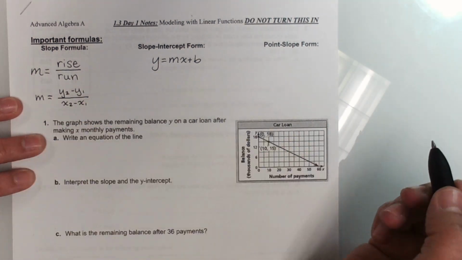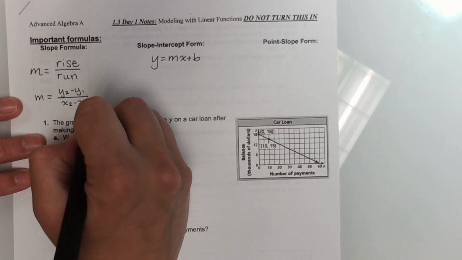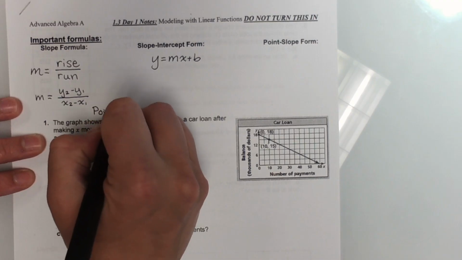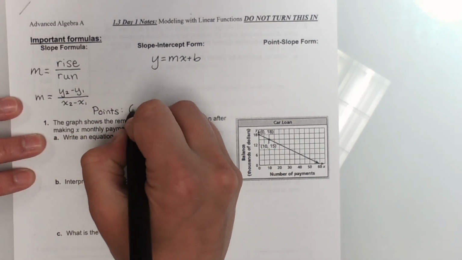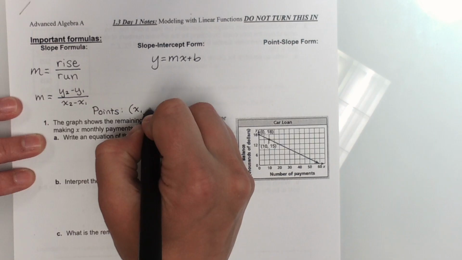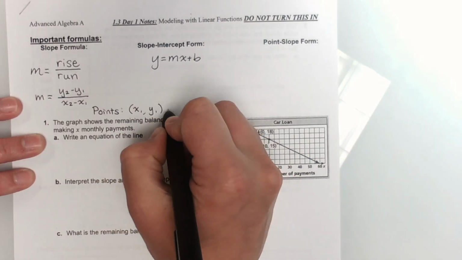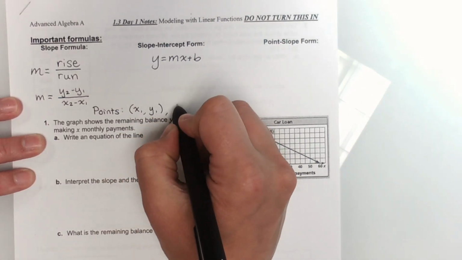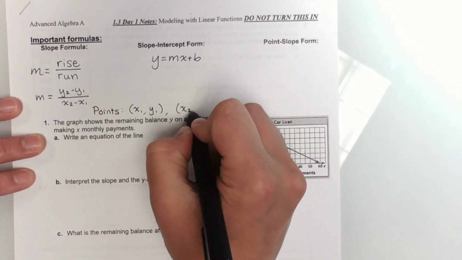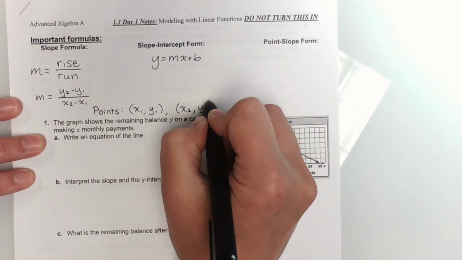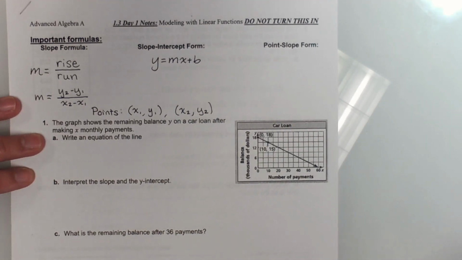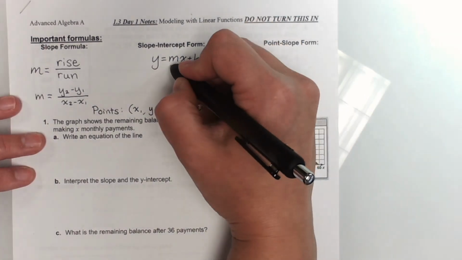Now the key thing with all of these formulas is you are working with points. One of the points is x1, y1. The other point is x2, y2. Now, m always represents that slope.